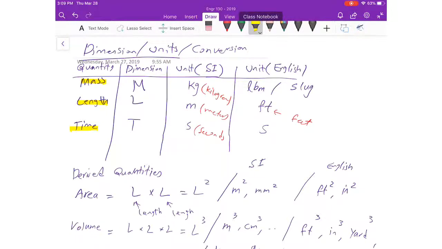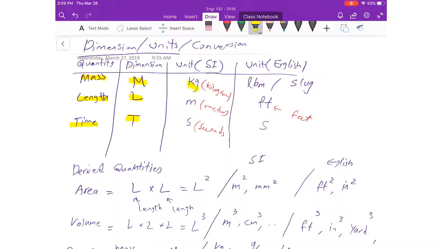For mass, I'm going to call the dimension capital M. I'm going to call length capital L, and time capital T. So MLT stands for mass, length, and time. In the SI system, the unit for mass is kilogram, the unit for length is meter, and the unit for time is second.